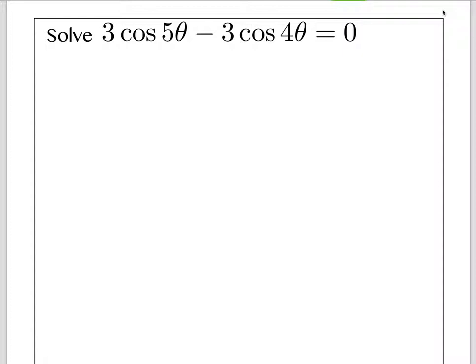What do you guys recommend? Factor out a 3. Let's do something better than factor out a 3. Divide by 3, since it's an equation. So that means I'm looking at cosine 5 theta minus cosine 4 theta equals 0.